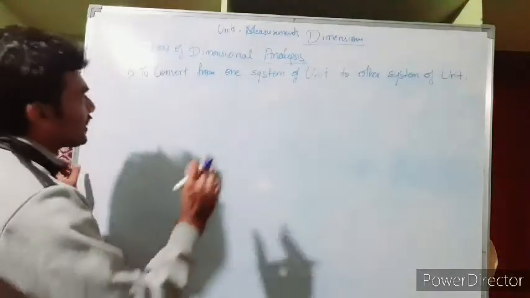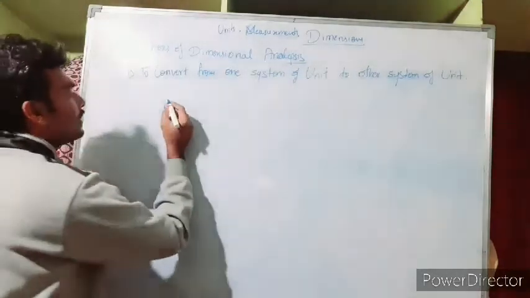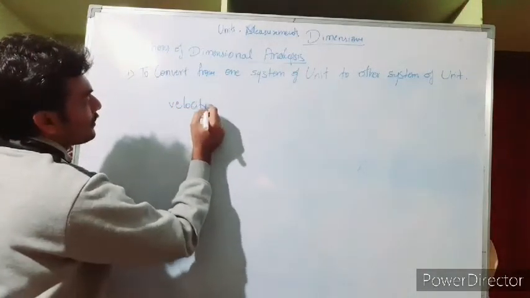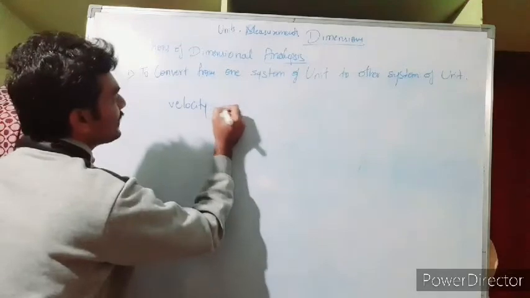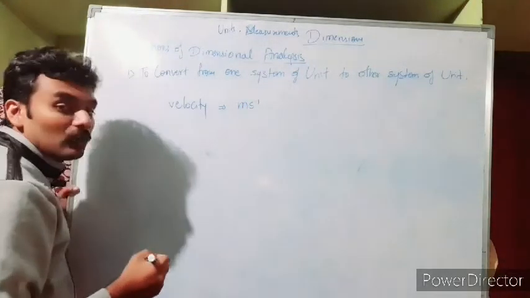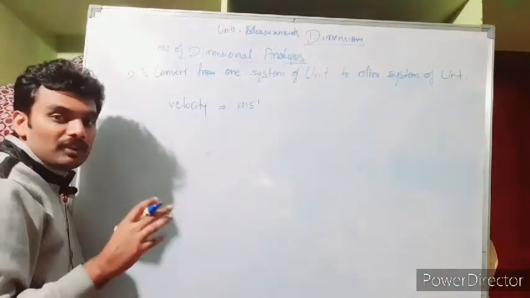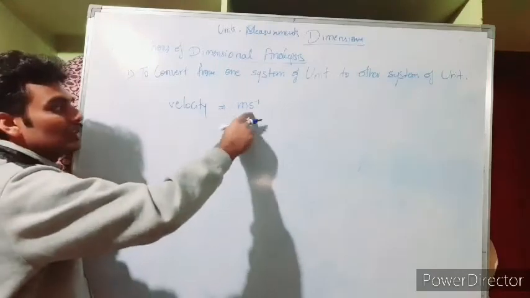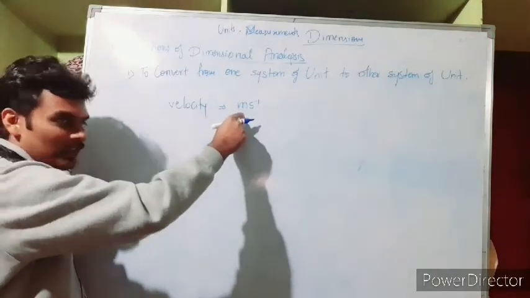So first let me take a simple quantity. Let's say velocity. What is the SI unit of velocity? SI unit of velocity is meter per second, right? And what is the unit of velocity in CGS system? So this is the unit of velocity in SI system.